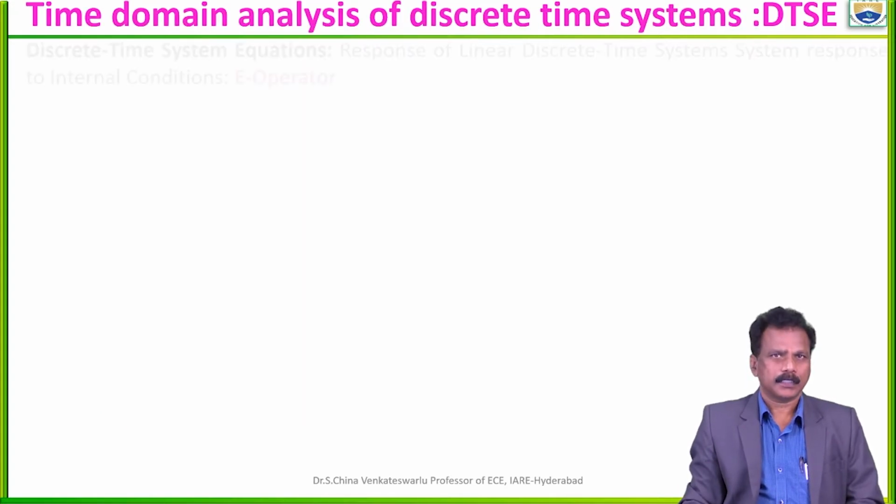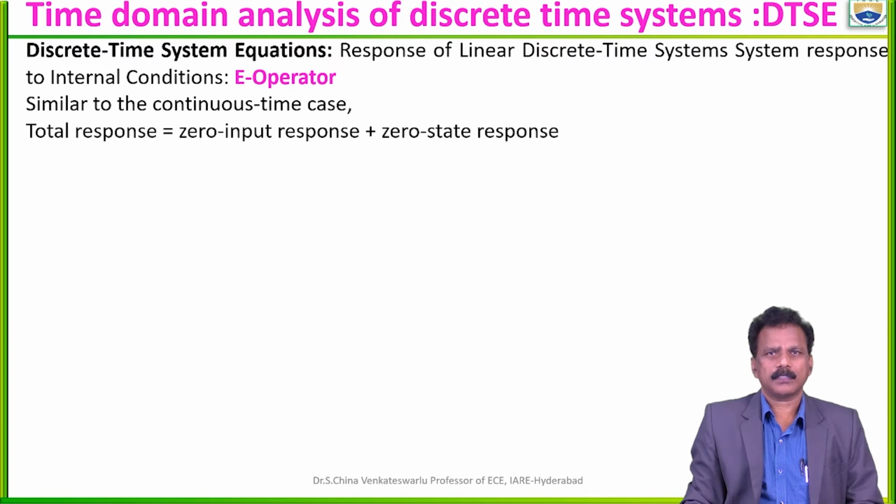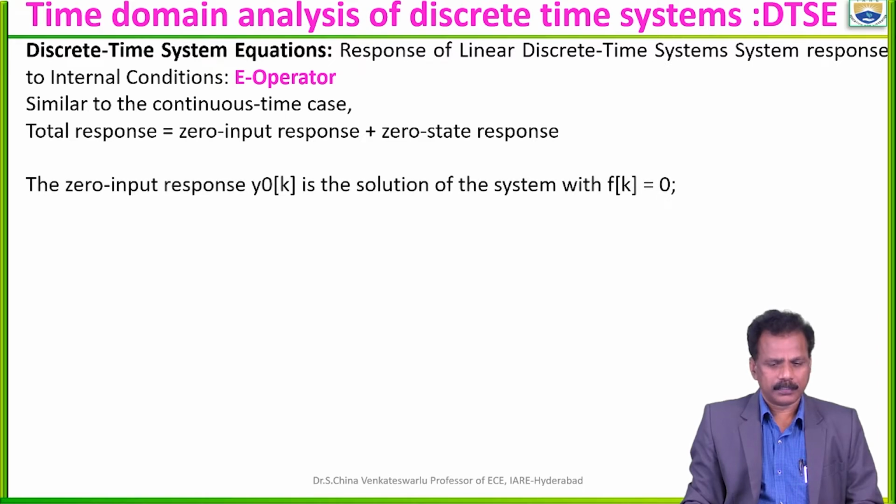Okay, like this, with the E operator, similar to the continuous time case, the total response is equal to the zero input response plus the zero state response. From this, the zero input response y0 of k is the solution of the system with f of k equal to 0.